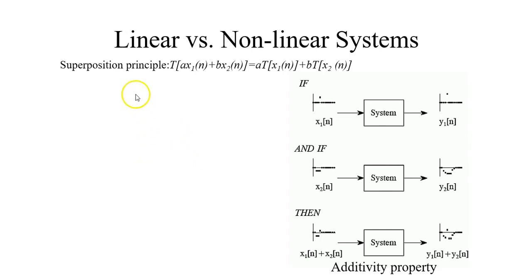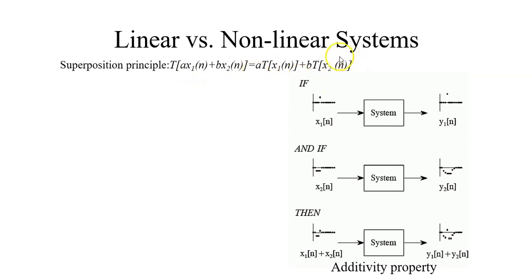This is the superposition principle. If we have a system to transform two input signals, the summation of two input signals, every input is multiplied by a constant or a scalar value.